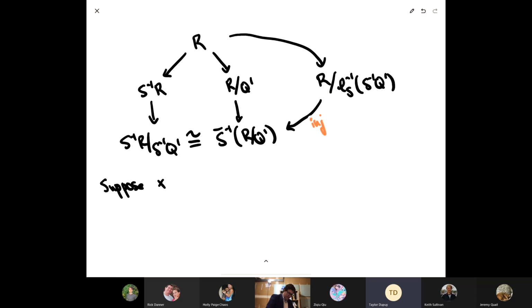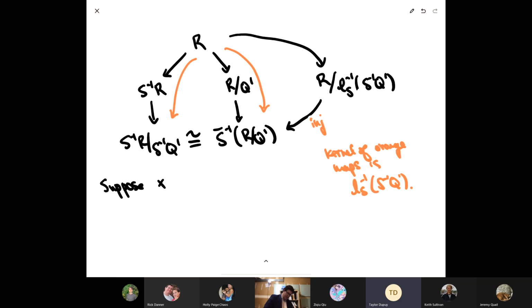So in particular, the composition of all these maps, the kernel of the orange maps, is this thing, LS inverse of S inverse of Q prime.